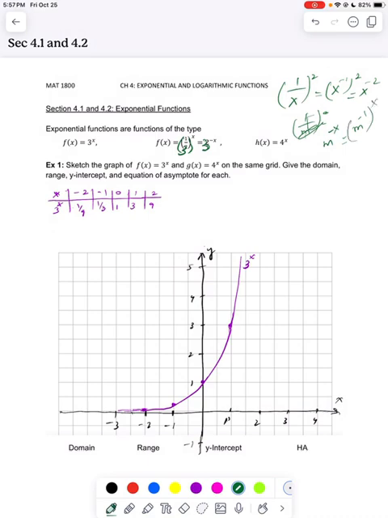But m to the negative 1 is 1 over m. So I can write 1 over 3 whole raised to the x as 3 raised to negative x. Okay, I hope you got it.